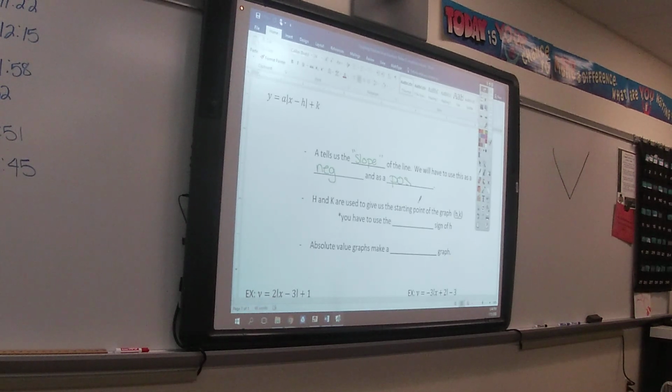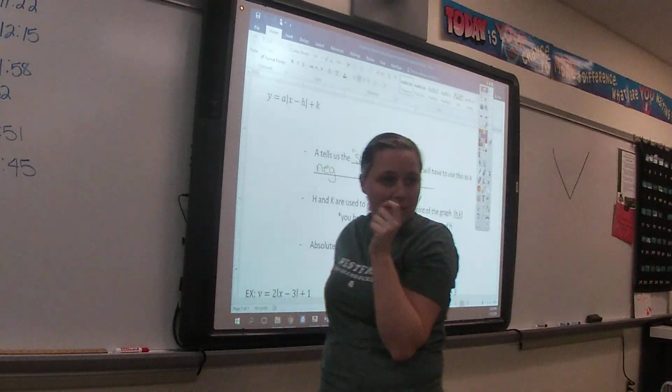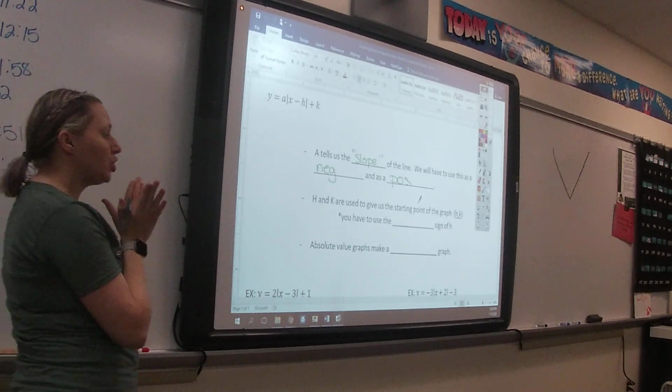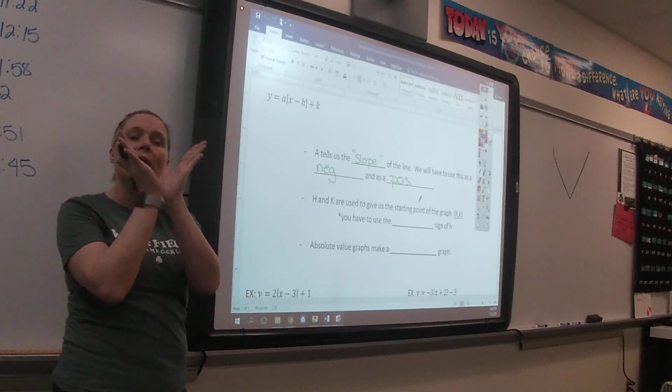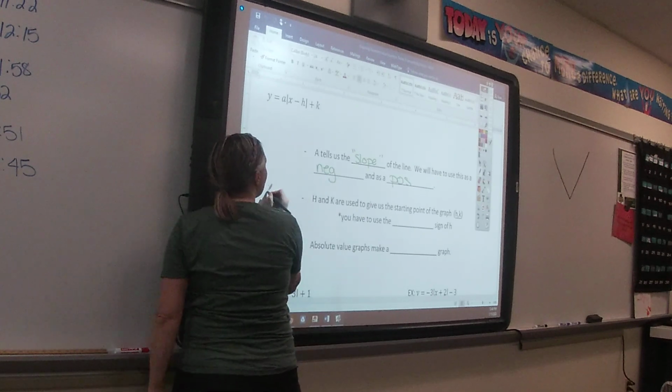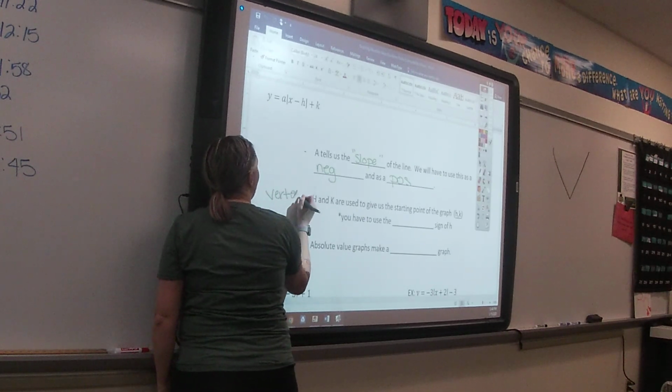H and k are going to be used to give us the starting point. So just like point slope form, it's telling us that original point to plot, but we're labeling it slightly different because in absolute value we have this V shape, and that point that it makes at the very bottom or the very top we call a vertex in the math world.